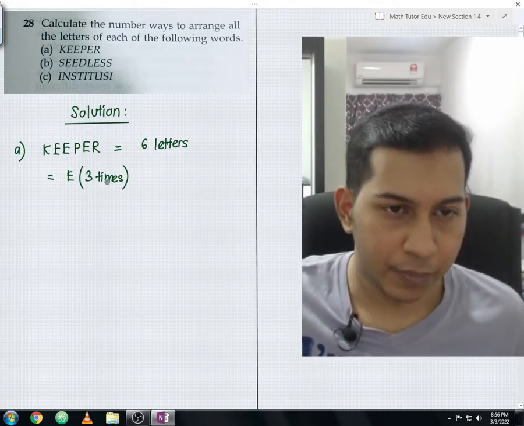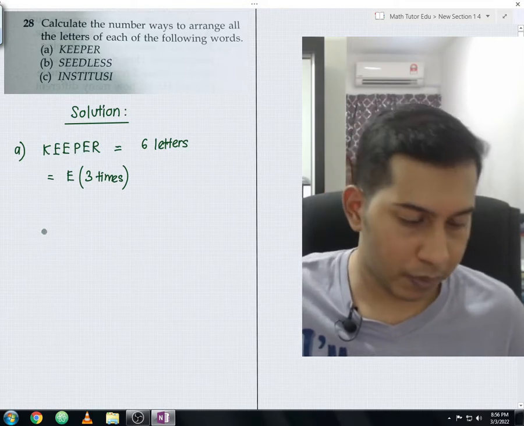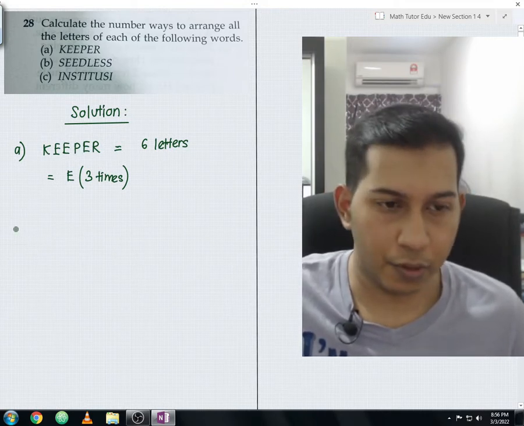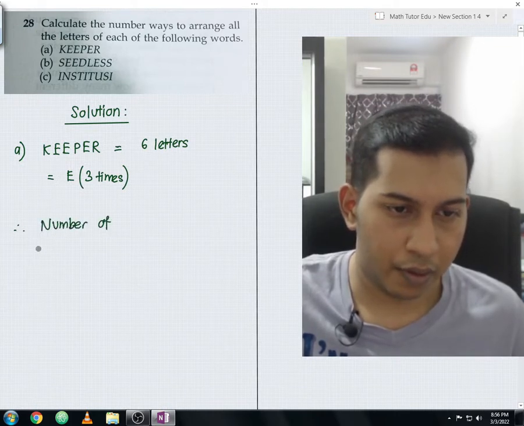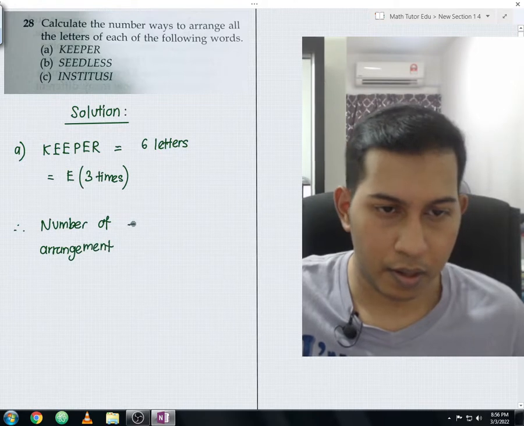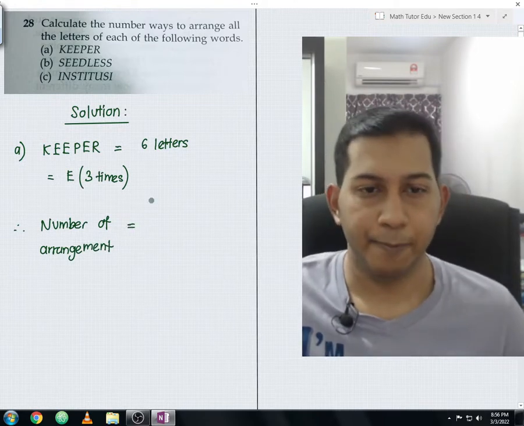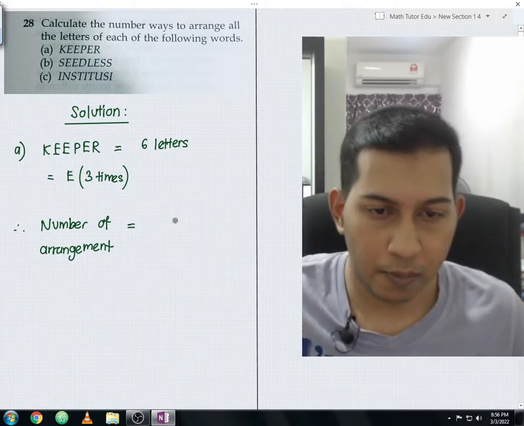So from here, let me teach you how to calculate the arrangement for the word keeper. Number of arrangements is equal to 6 letters. Since you have 6 letters, it will be 6 factorial.